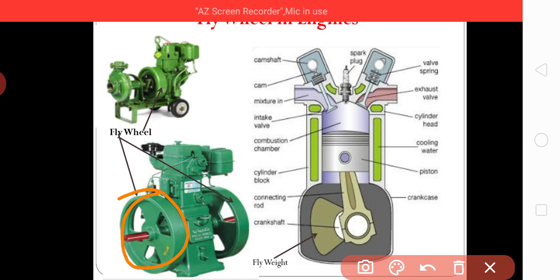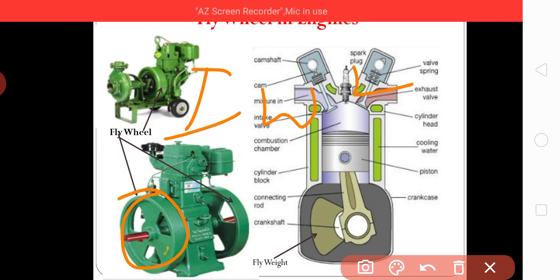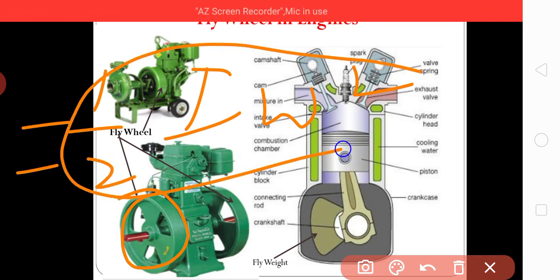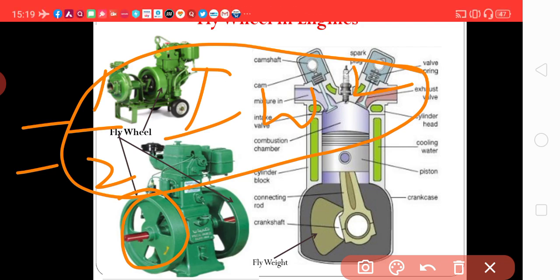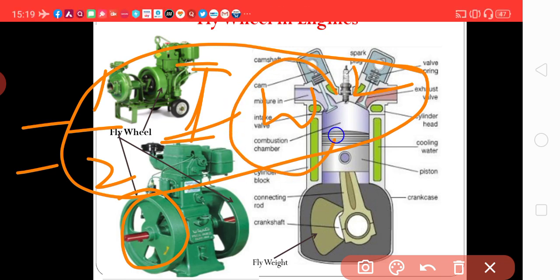Again, how is the energy stored? I omega square. This is the kinetic energy stored due to rotation. The more the I, the more the energy stored, and the more the angular speed, the more the energy stored.